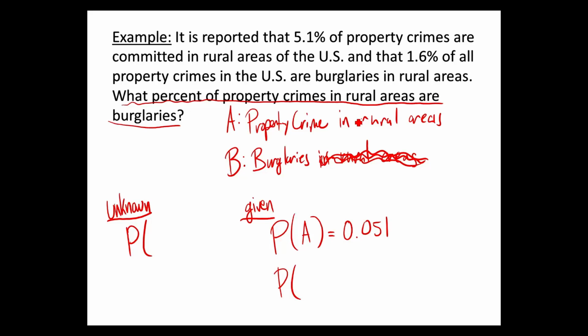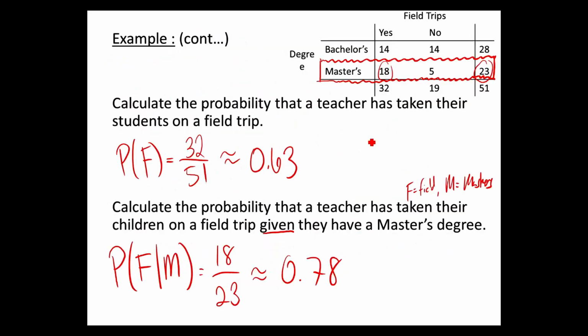Here's why. What am I basically doing when I'm restricting you to rural areas, in terms of what we talked about yesterday? Using the 5.1 as your goal, because that's a what type of condition? Remember the one we did with the teachers, where we restricted ourselves to just people with master's degrees? That was called a given condition.